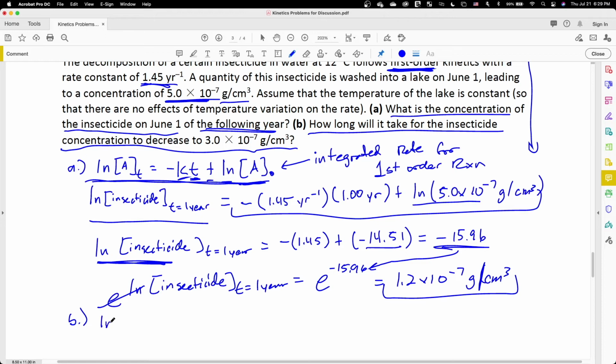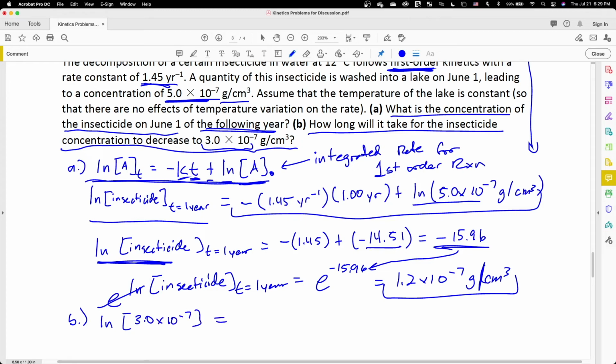We'll start out by saying the natural log of the insecticide, what we want it to be at some certain time, which is 3.0 times 10 to the negative 7.